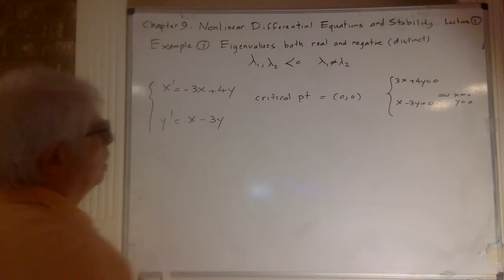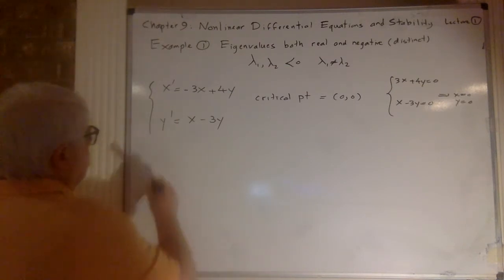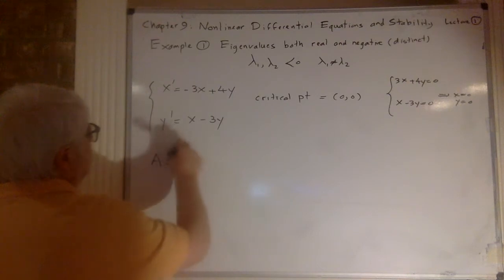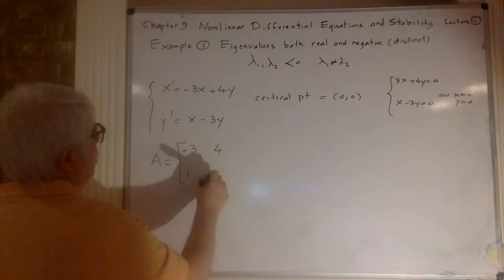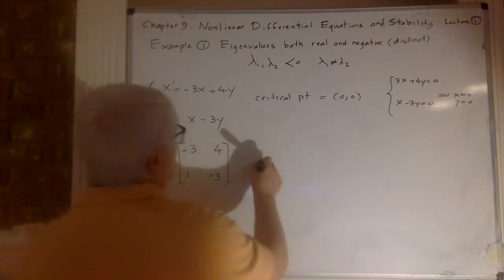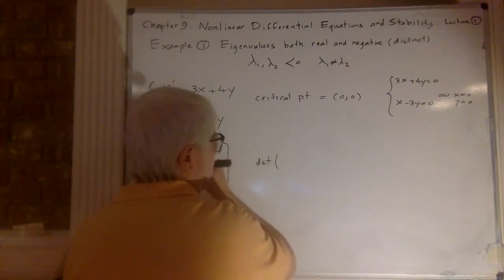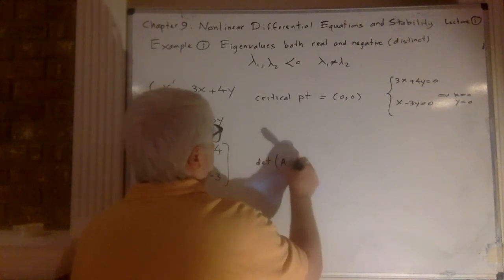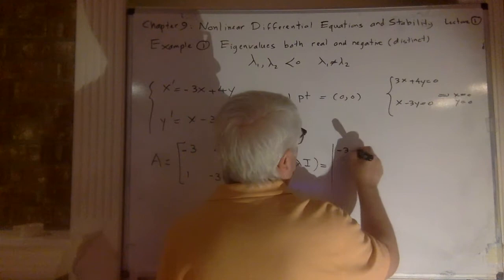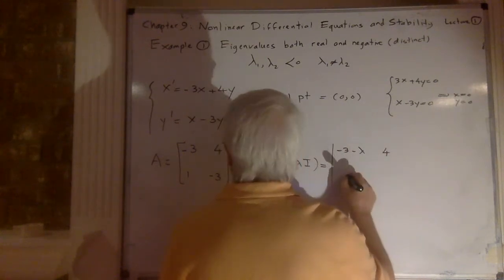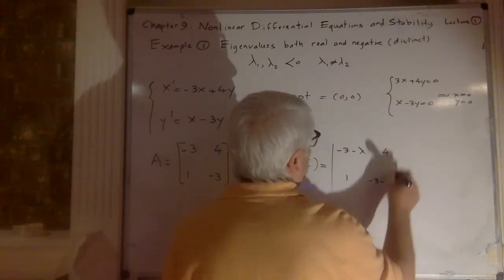Now, we know that we have the A, but what's the A matrix? It's minus 3, 4, and 1, minus 3. So the determinant of A minus lambda I is minus 3 minus lambda, 4, 1, minus 3 minus lambda.